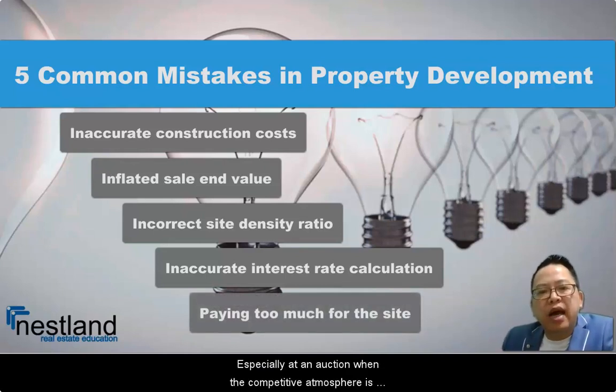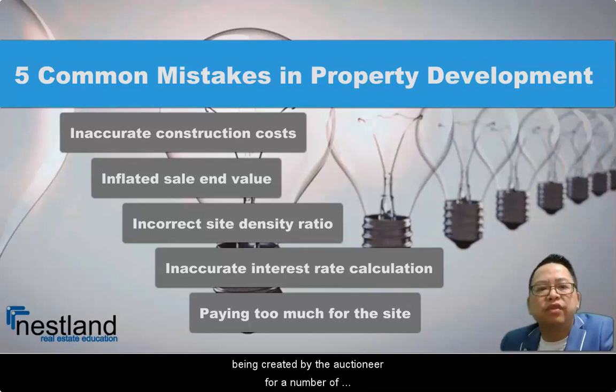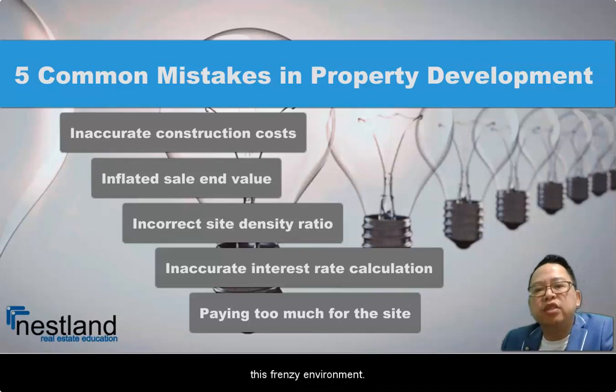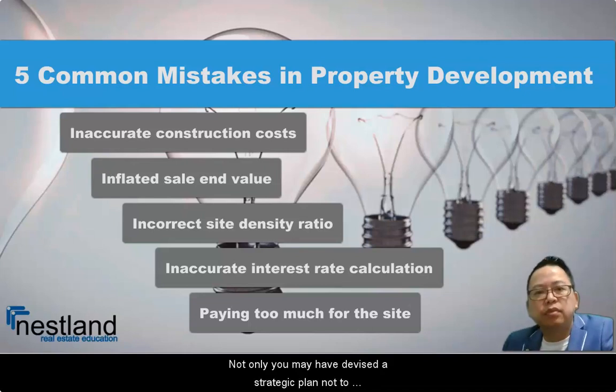Especially at an auction when the competitive atmosphere is being created by the auctioneer for a number of potential bidders, and your emotions get wrapped into this frenzy environment.